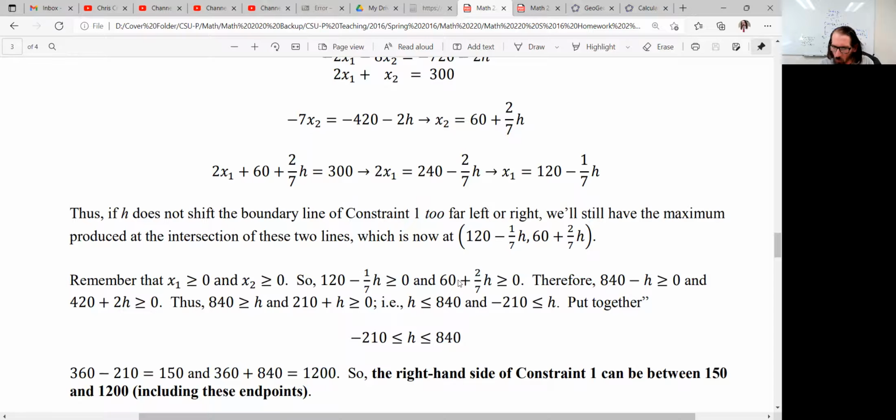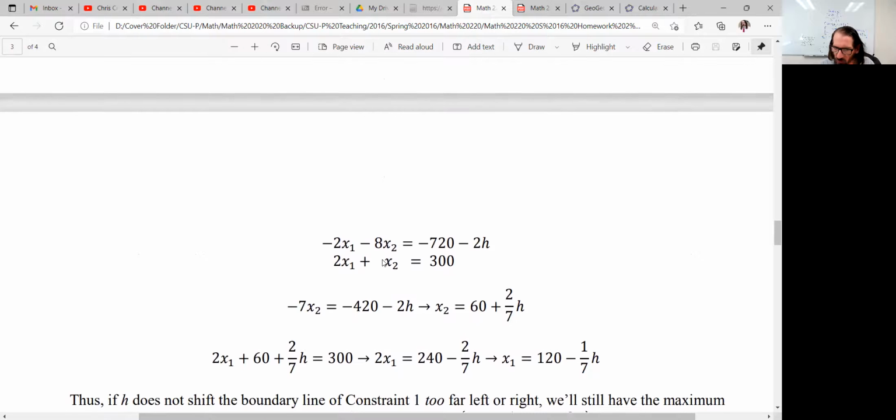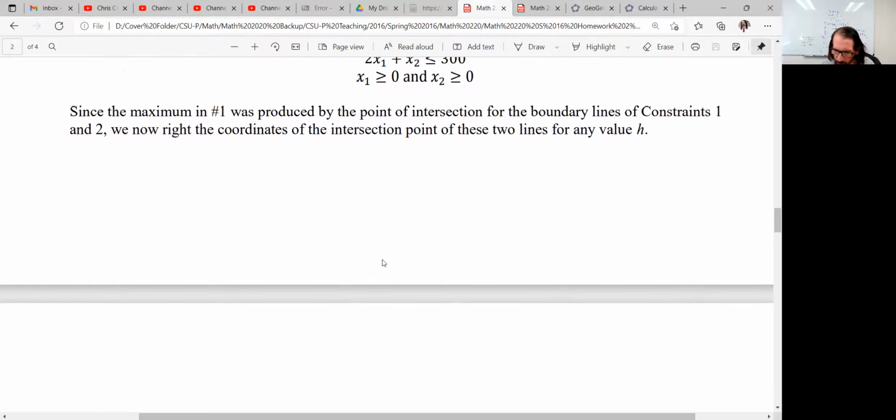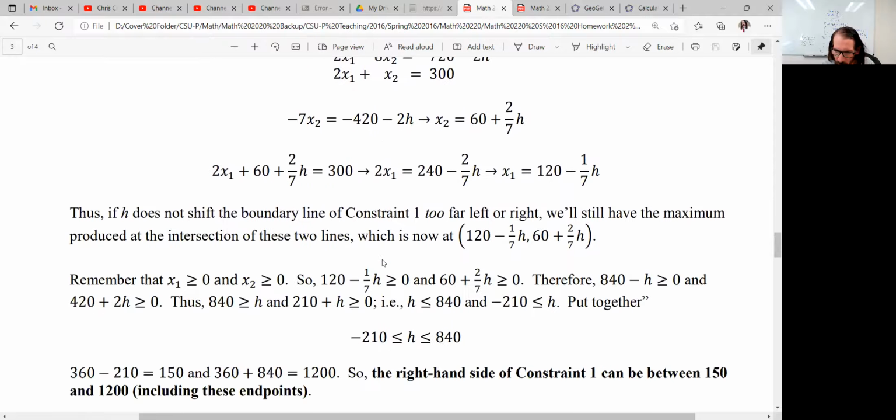And then when you consider that that was 360 plus H back up here, that's going to put the right-hand side of constraint 1, that regular constraint, 360 plus a negative 210, i.e. 360 minus 210 is 150, and 360 plus 840 is 1200.